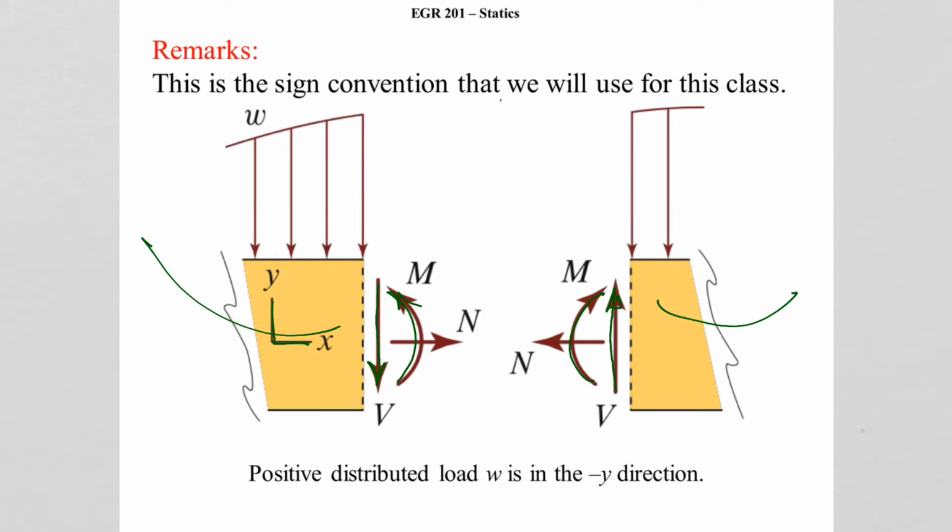That's our positive sign convention. And our normal is always showing away from that cut surface. The other thing is that positive load distributions are considered in the negative y direction. So what is drawn here is considered to be positive.